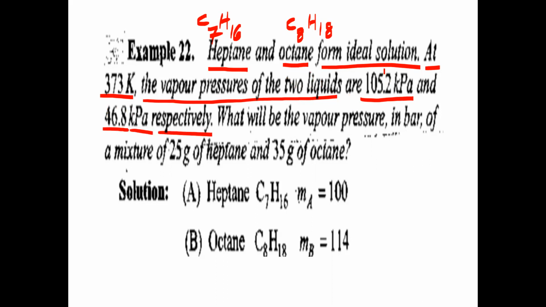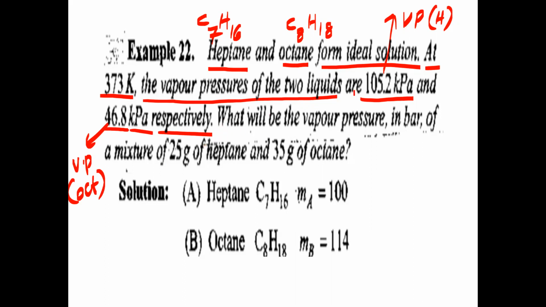This first one is the vapor pressure of heptane, and the second one is the vapor pressure of octane. So the vapor pressures of the pure liquids are mentioned here.